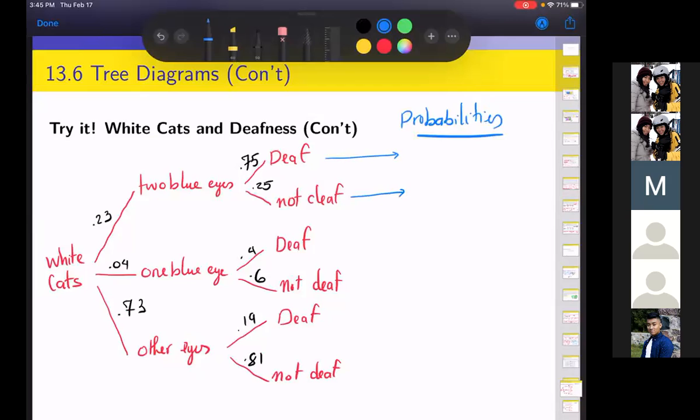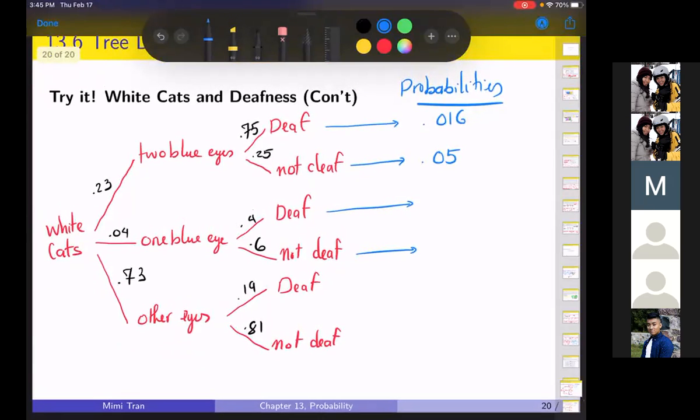What did you get? 0.05. As long as your number is correct, just tell me the correct number. Is 0.05 correct? Yeah, I think so.